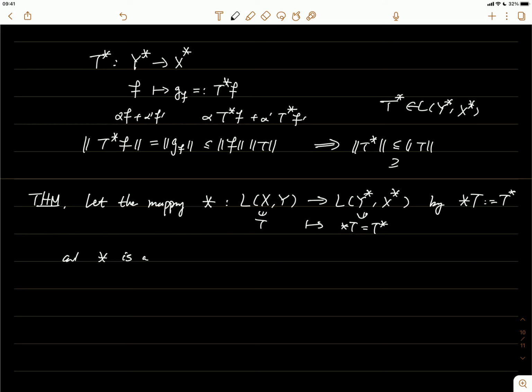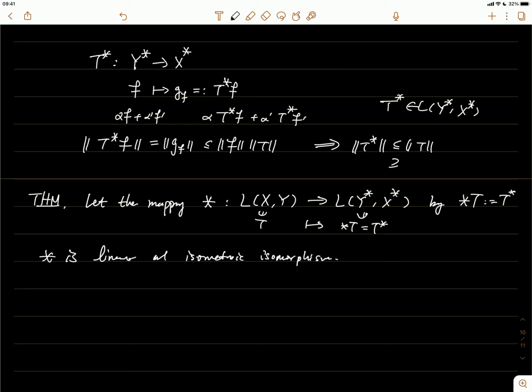So this is linear. I should say this mapping is linear, and an isometric isomorphism. So linearity is clear.